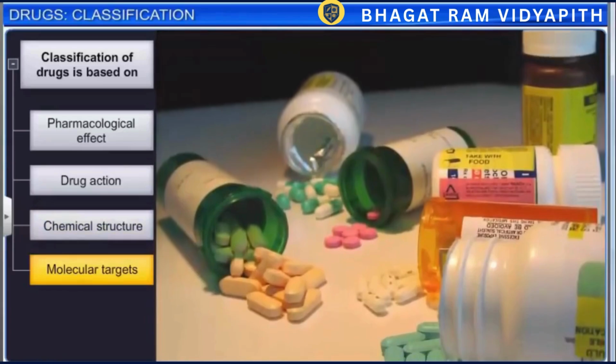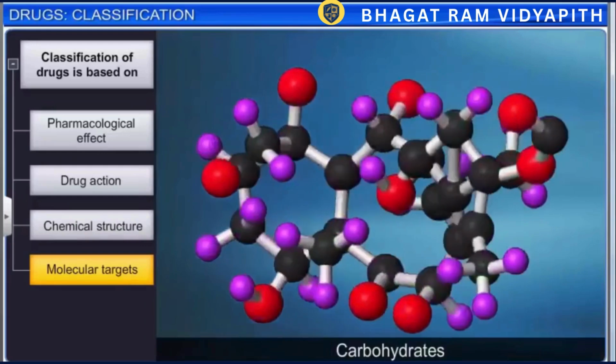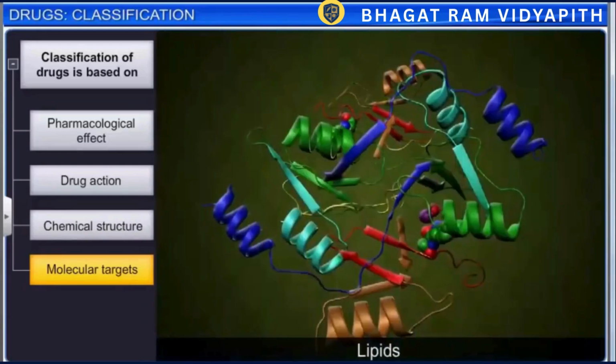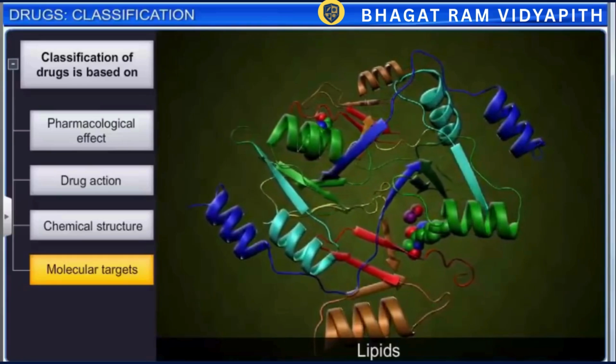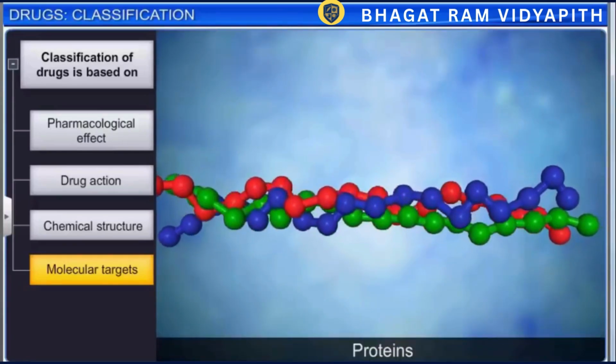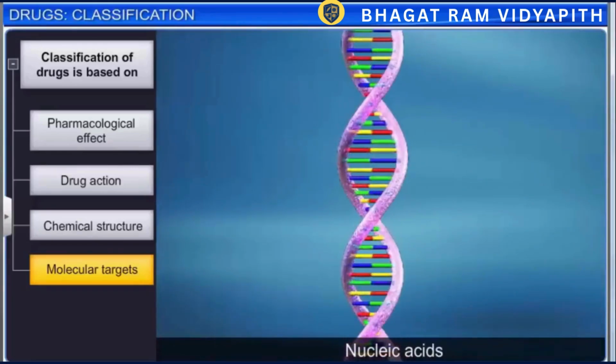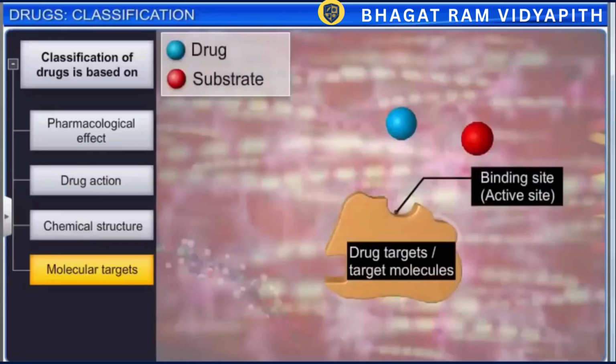Drugs usually interact with biomolecules like carbohydrates, lipids, proteins, and nucleic acids. These biomolecules are called drug targets or simply target molecules.